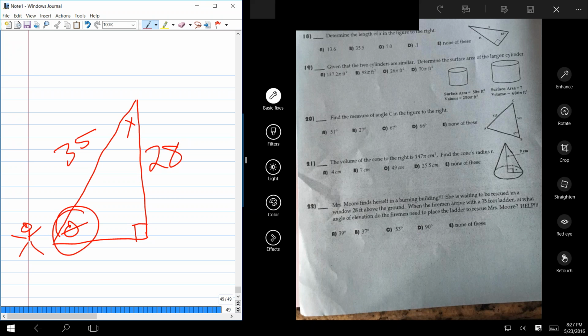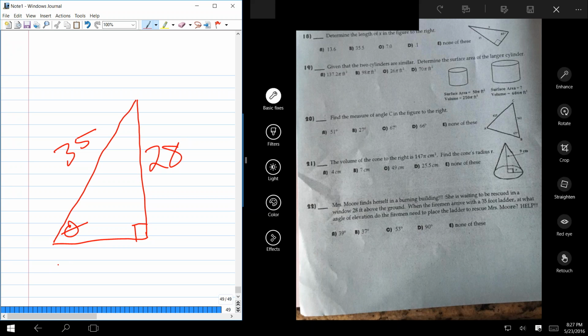So that must be the angle they're asking about. Okay, what trig equation? Don't need the law of sines or cosines because this is a right triangle. What trig equation relates theta, 28, and 35?